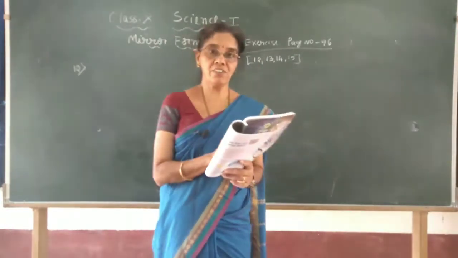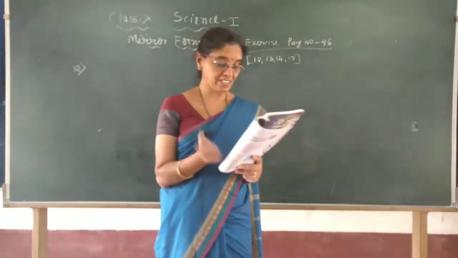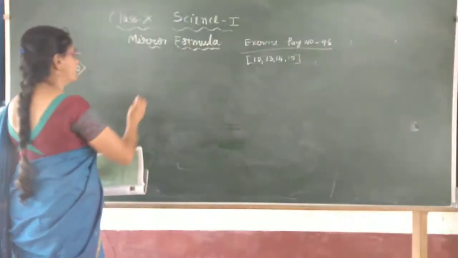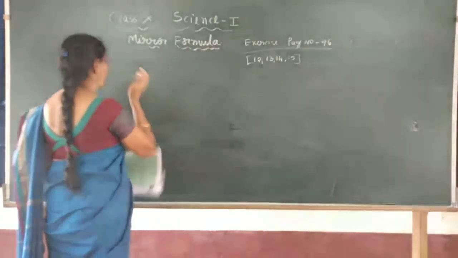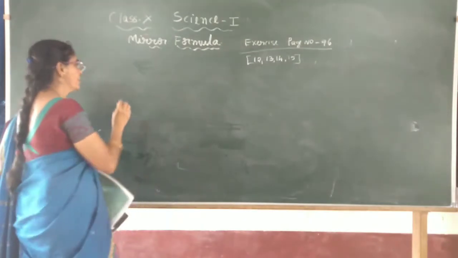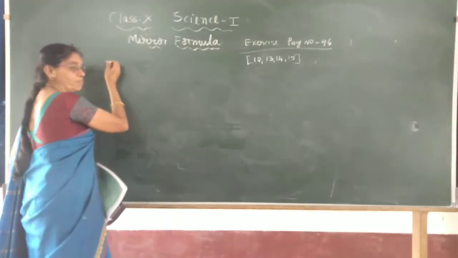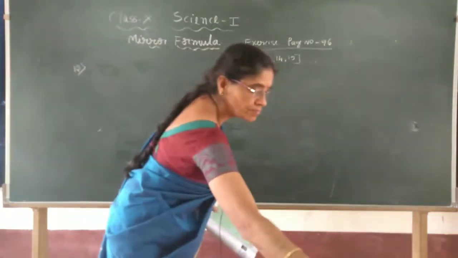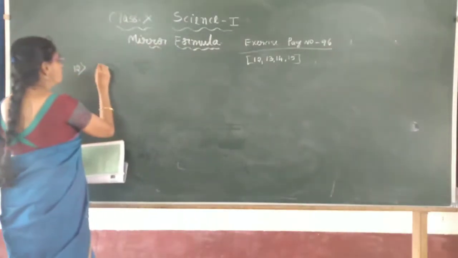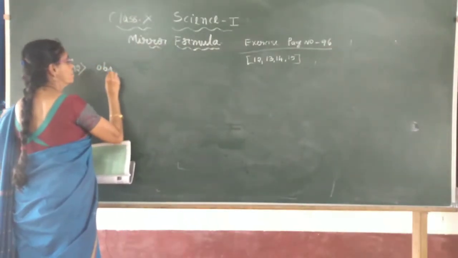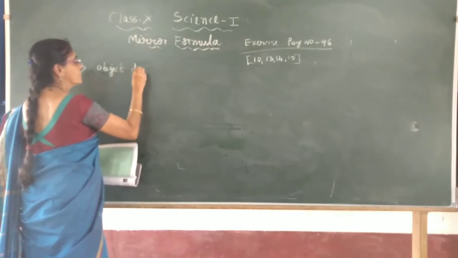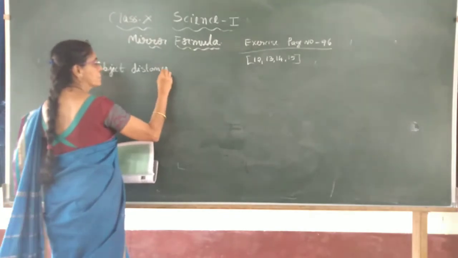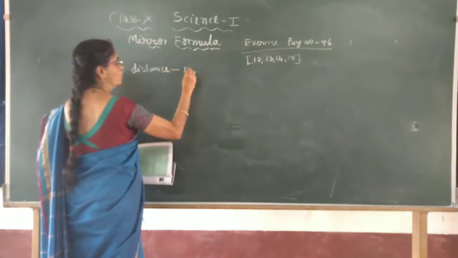What are the values given in the question? We will write it in the sentence. An object is placed at a distance of 10 centimeter. That is nothing but the object distance. The symbol for object distance is u.